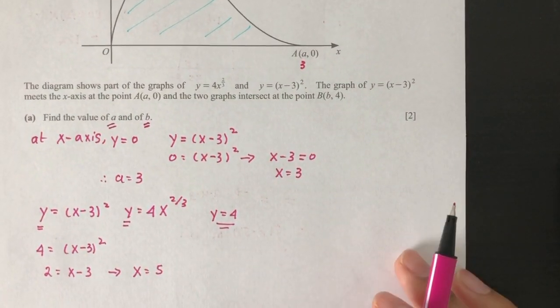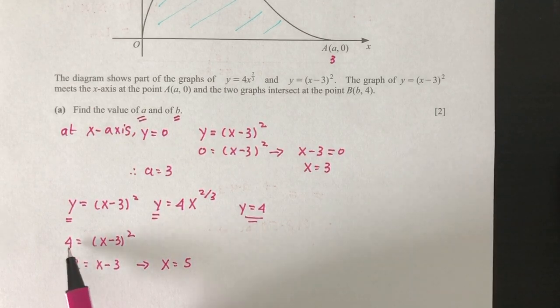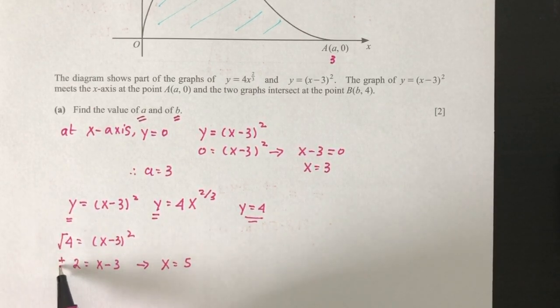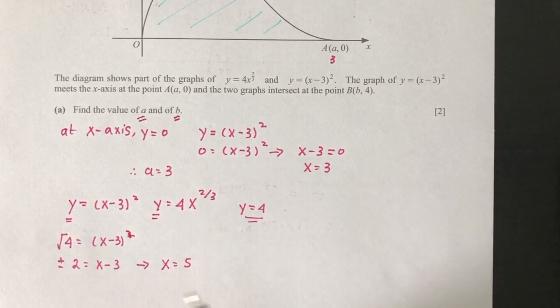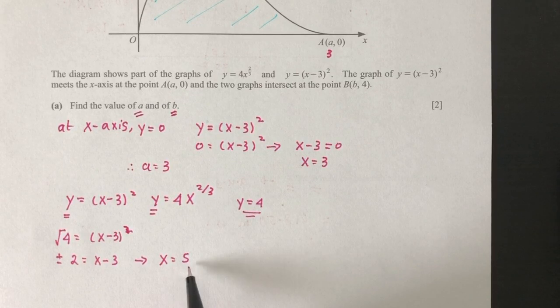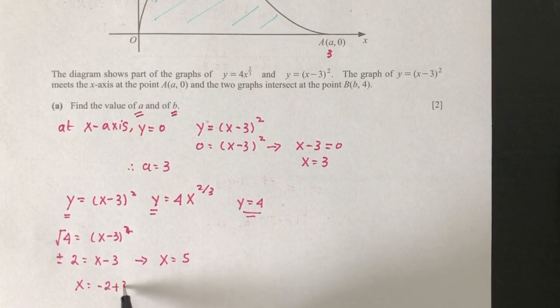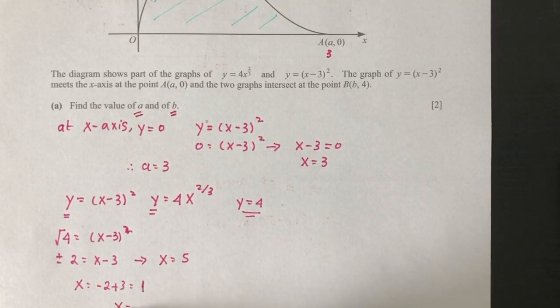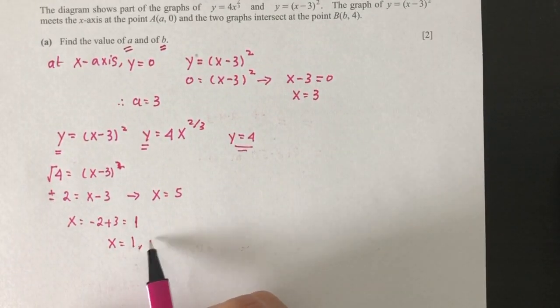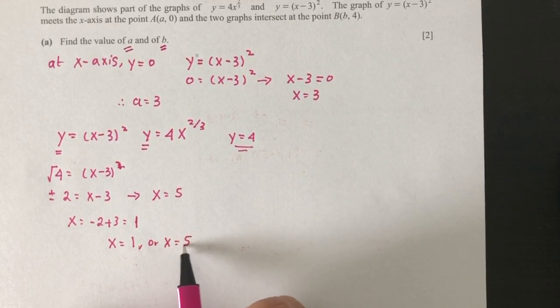But there's another solution, because we have to send the square root over to this side, that will be plus or minus 2. So in that case it can be 5, or x can be minus 2 plus 3 as well, which is 1. So x can be 1, or it can be x equal to 5.